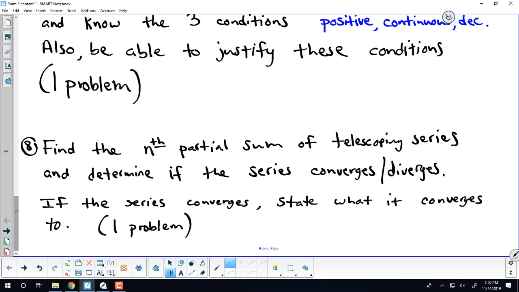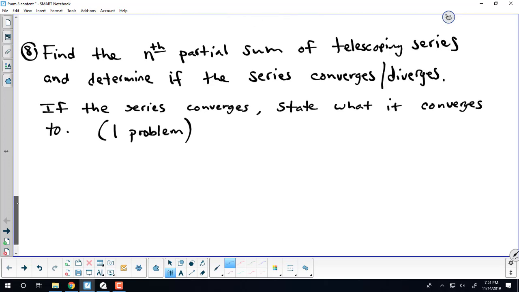There's one series that's telescoping. With telescoping series, you find the formula for the nth partial sum, and then use the limit at infinity on that formula to state whether the given series converges or diverges.